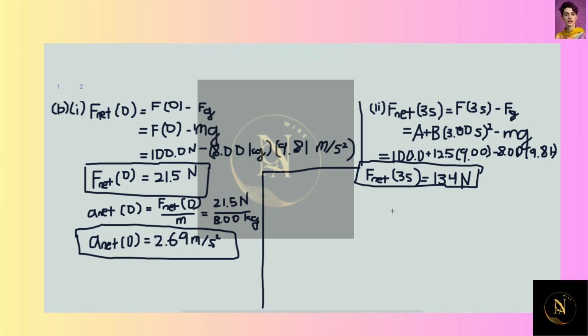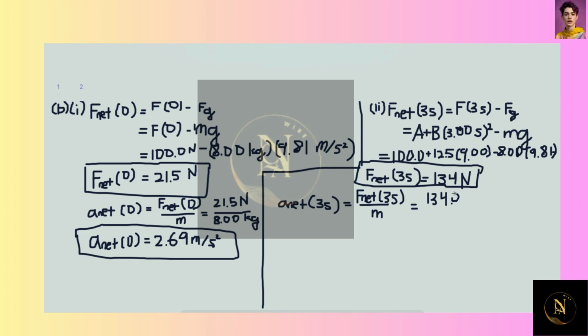Great, and then of course we're not done yet because we also need to find the net acceleration, but as we saw earlier, this is just one more small calculation. We can start with that. The net acceleration at 3 seconds is going to be equal to, applying Newton's second law, the net force at 3 seconds divided by the mass. So we just found it, and that was 134.